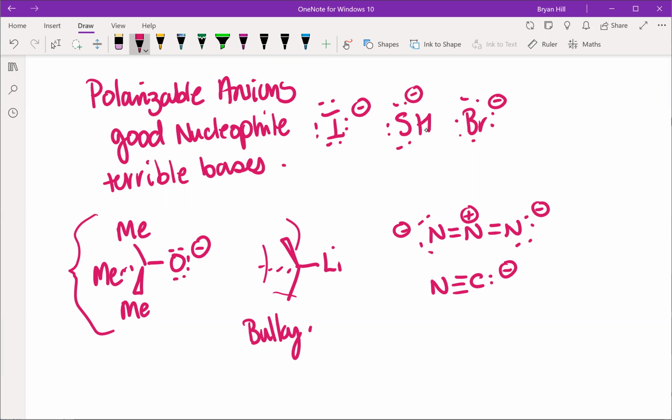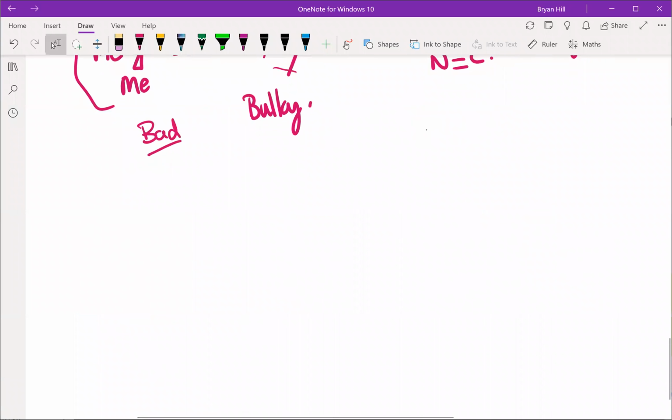So I hope that answers the question about why something linear is good, whereas something bulky is bad. For nucleophilicity, we're not talking about bases, which we'll discuss later, and that's slightly different.